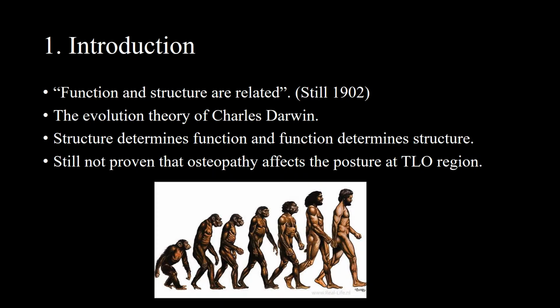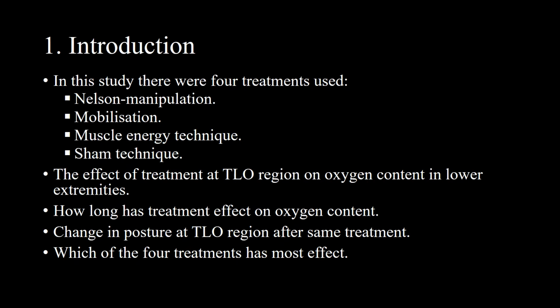Until now, it is still not proven that osteopathy has an effect on the posture and the height of the thoracolumbar region. In this study, there were 4 different osteopathic treatments used: a Nelson manipulation, a mobilization, a muscle energy technique, and the sham technique.